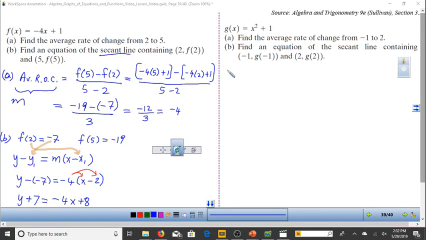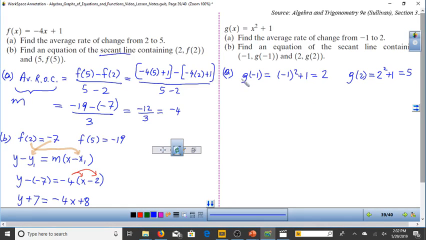Let's try something a little bit more challenging, which is this example here. Now, in this case, I need to find g of -1, which is -1 squared plus 1, which is 2, and g of 2, which is 2 squared plus 1, which is 5.